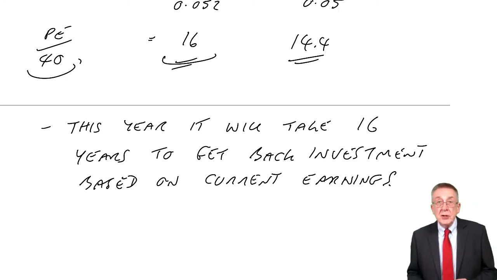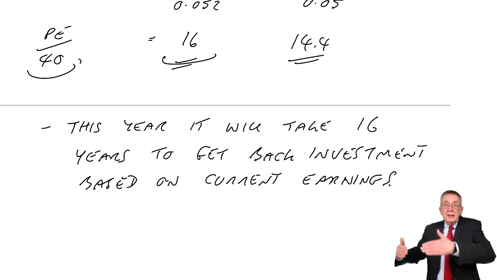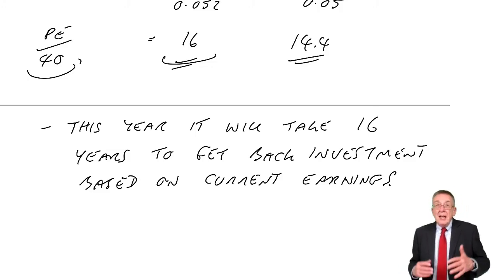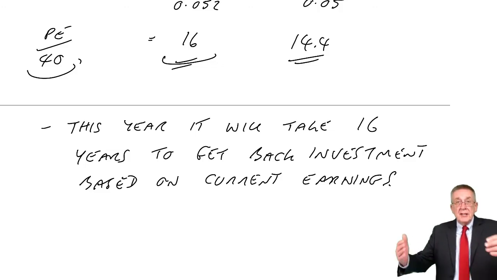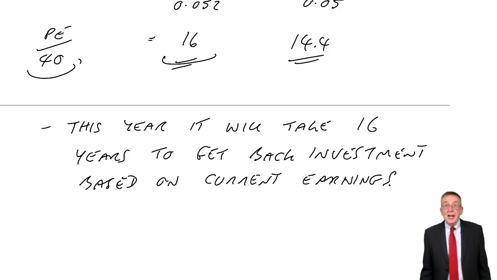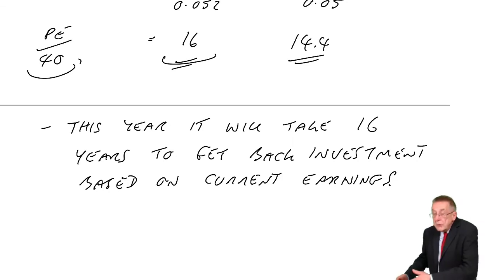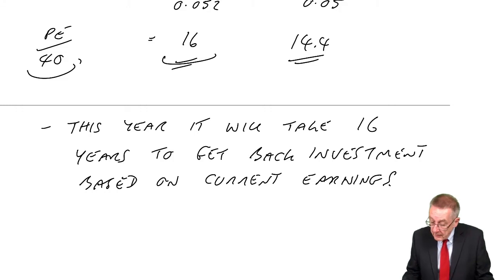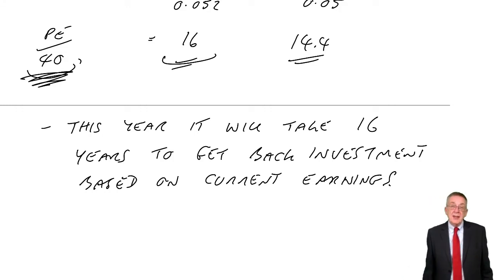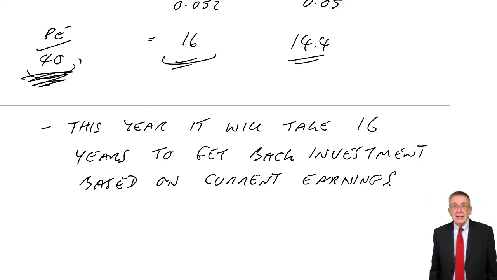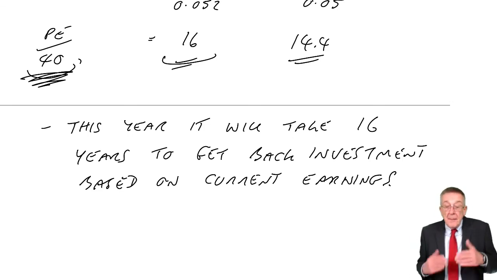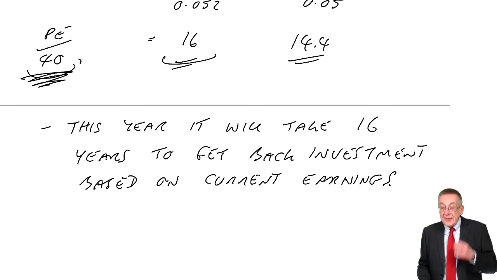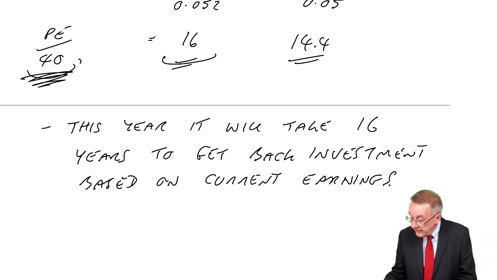What determines how much you'll pay for a share is what you expect in the future. And if you expect that a company is going to grow a lot in the future, you'll pay a lot more for a share than you would for a company where it's not going to grow very much. People buying a share in that company don't really think it would take them 40 years to get the money back. They're paying a lot more for the share because they think that company is going to grow a lot more. And that's the relevance of the PE ratio.